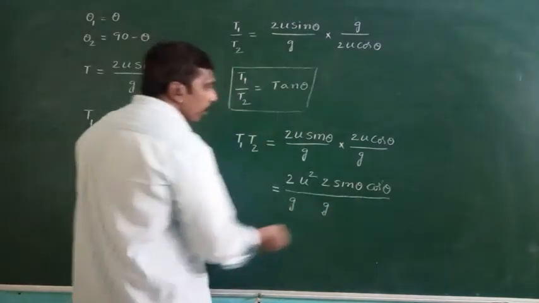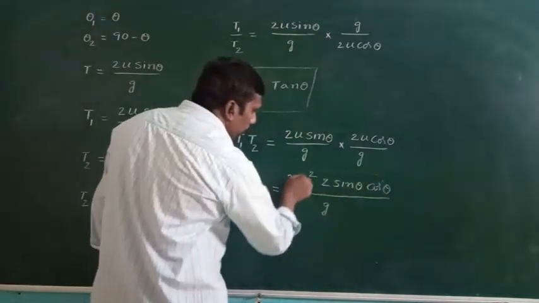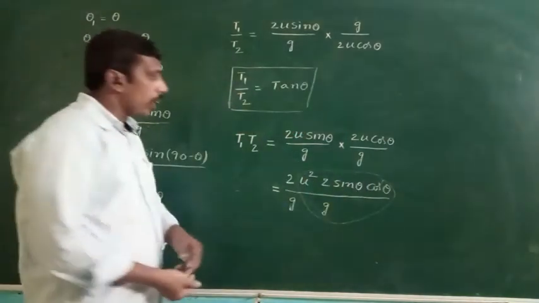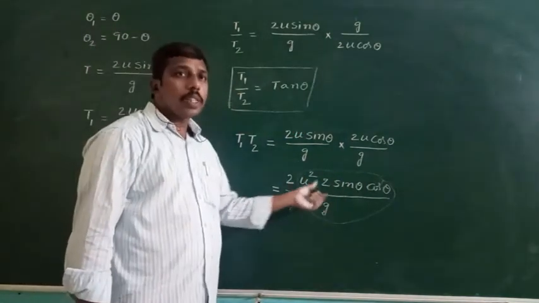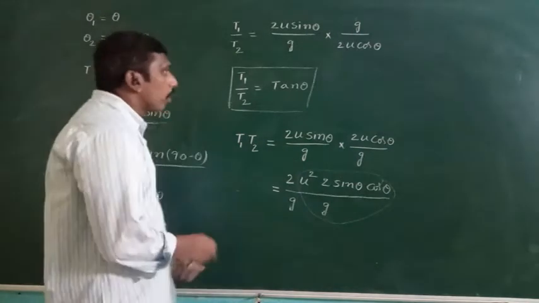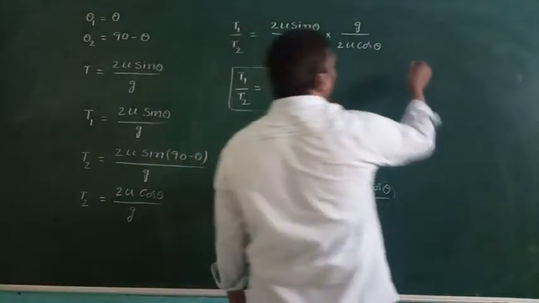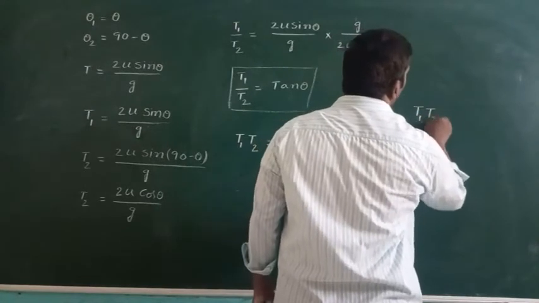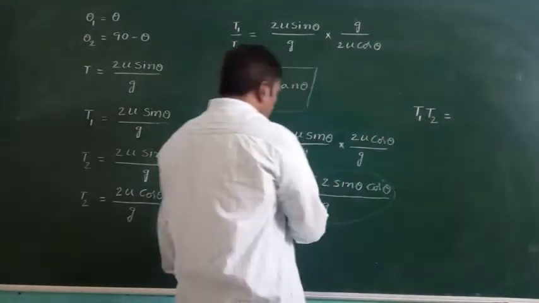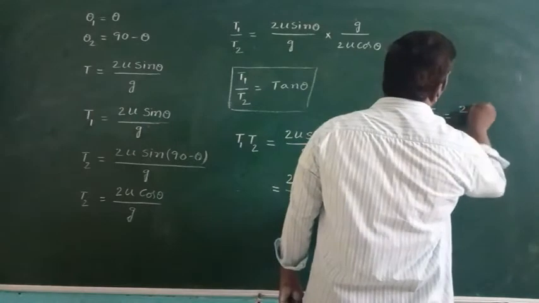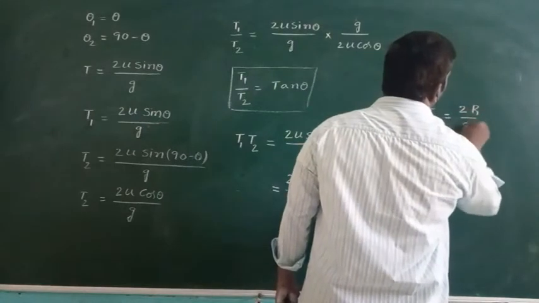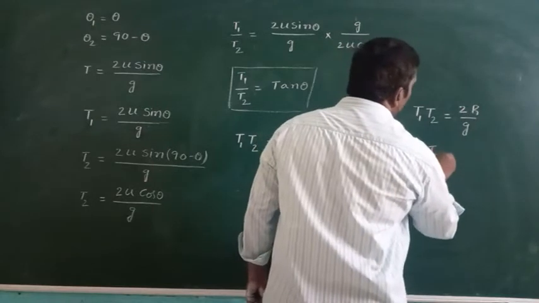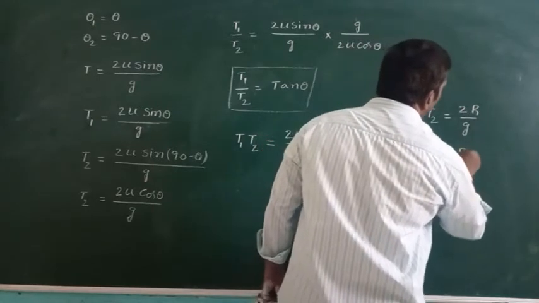So if you observe, this term u square into 2 sin theta cos theta by g is equal to range. From this we can write the product of time of flights T1 T2 is equal to 2 into R by g. The product of time of flights is directly proportional to range.